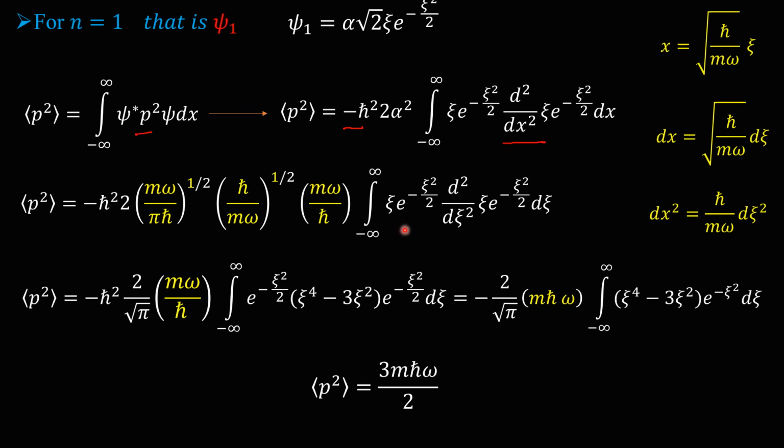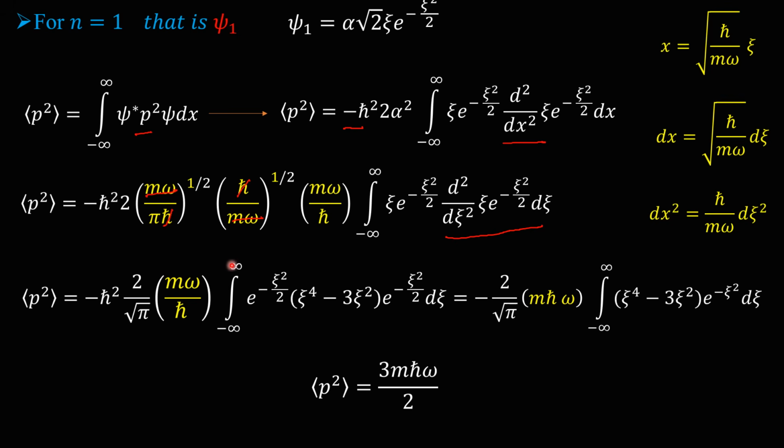Then you have to integrate this term. Before that we can cancel some of the constant terms. Here you can cancel this mω power half and this mω power half, and you can cancel this ħ with this ħ. So here you will have minus ħ squared times 2, this is 1 over square root of pi, and this is 1 over square root of pi.